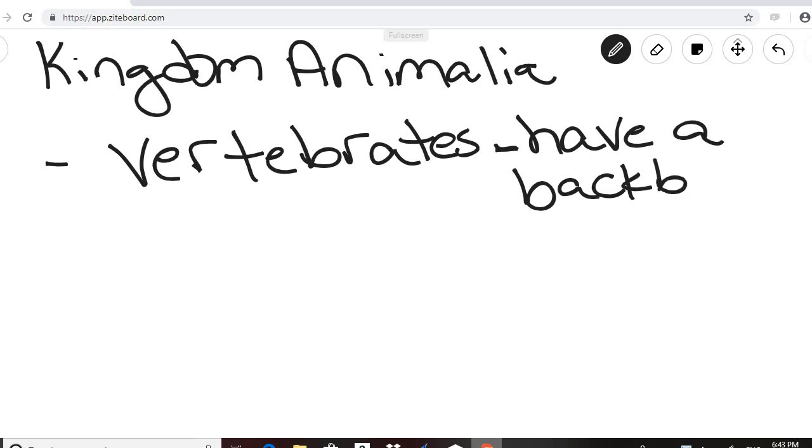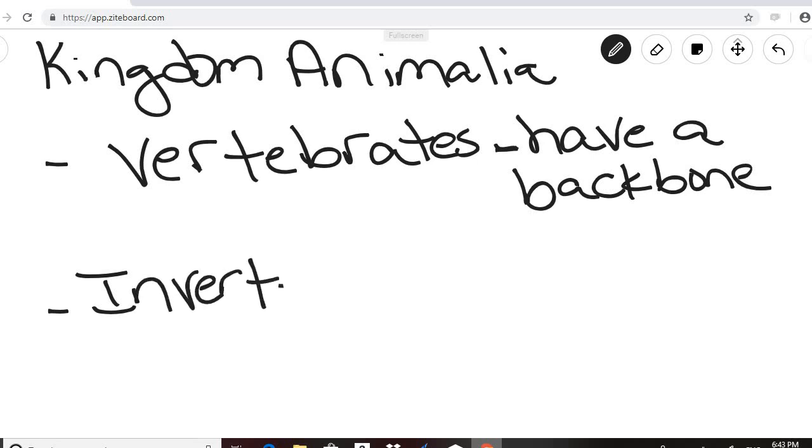And we'll talk about those in more detail later. And then the invertebrates are those organisms that do not have a backbone.